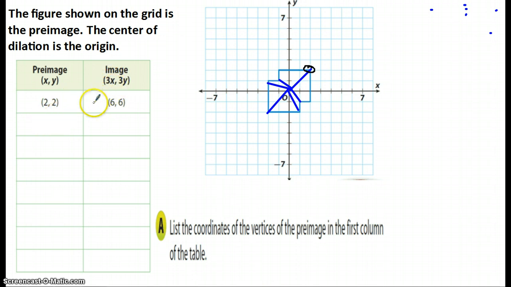So what he did to get this is he took 2 times 3 for x and 2 times 3 to get y. I'll clean it up a little bit for you. So that's what he did to get the 6 here.